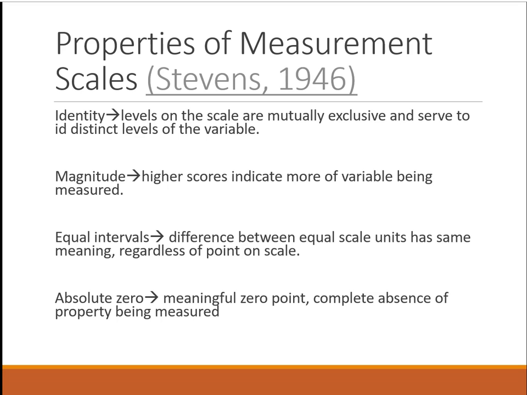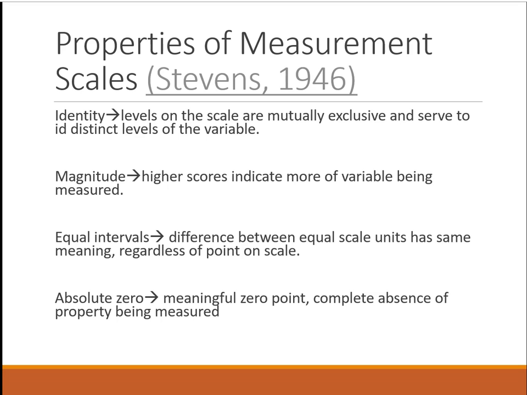In this video, we're going to talk about Stevens' scales of measurement and properties of measurement. Stevens was a psychologist who, around the 30s and 40s, put forward a way to conceptualize scales of measurement in an effort, in part, to make psychology more scientific, because a science is, in a way, only as strong as its measurement methods.